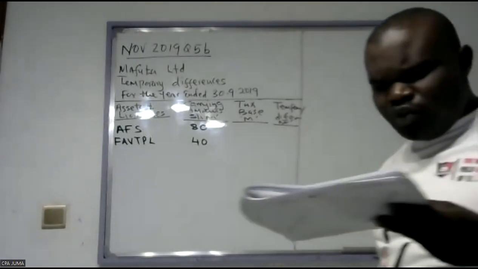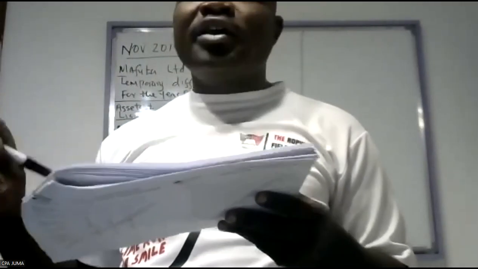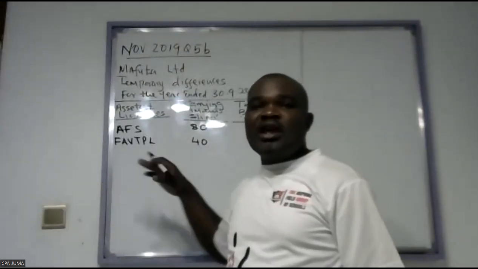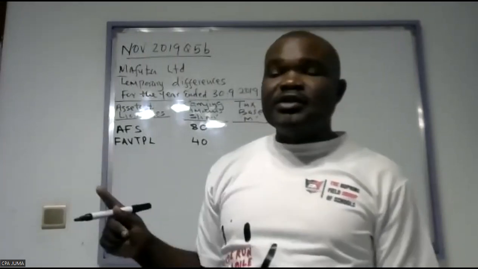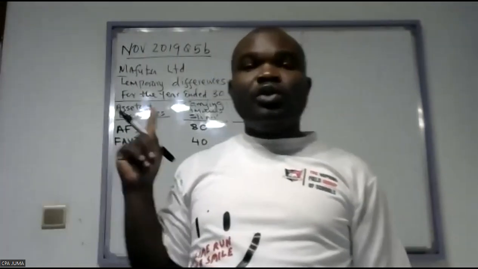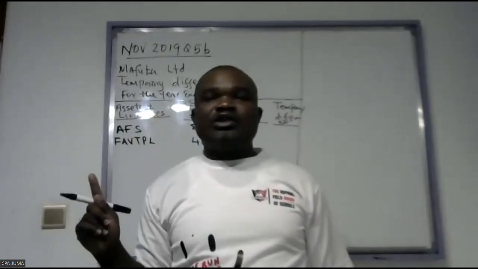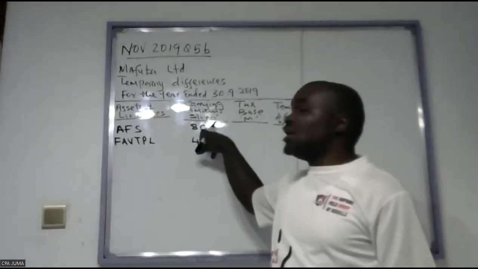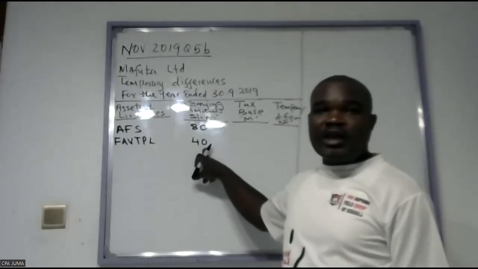And then they continue by saying both financial assets had reported losses in fair value of 8 million each. We have already been given the book values. Then they are saying they had reported losses. It means we need to gross up to get the initial cost. So before losing the value, this one would have been 88 and this one was 48.